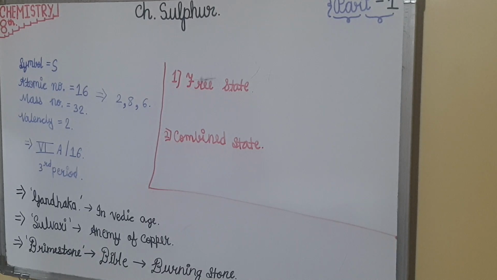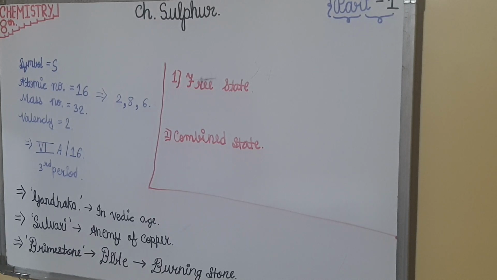Next, gypsum, hydrated calcium sulfate CaSO4.2H2O. After that, anhydrite, that is calcium sulfate CaSO4.